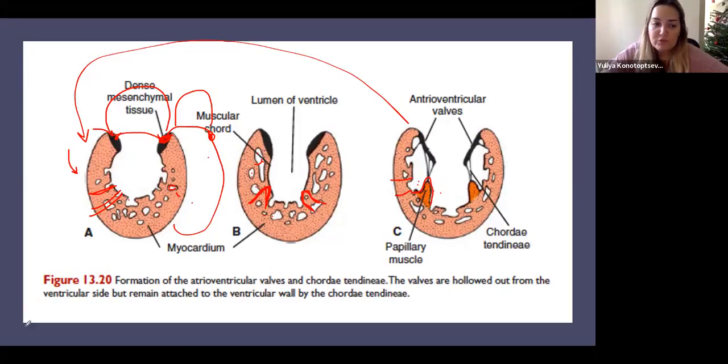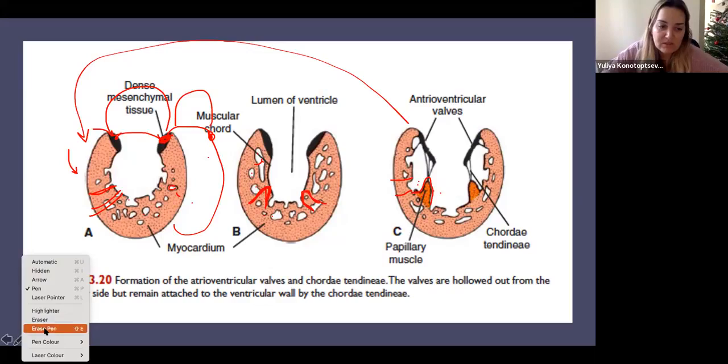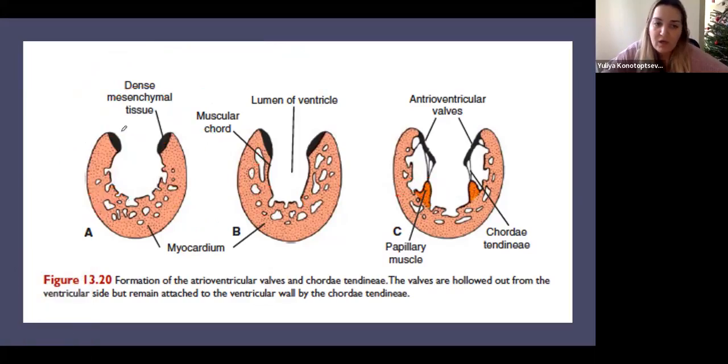The black thing that we saw here, right? So let me erase it. The black thing that we saw here, this was the endocardial cushions, right? I told you that this is only one ventricle. There's another atrium here. You have to understand that we have already divided our heart into several chambers. So we have another atrium here, right? And we have another ventricle somewhere here as well.